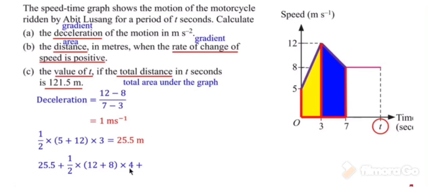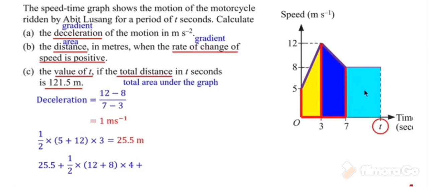Now we need to find the area for another shape, which is actually a rectangular shape, in light blue color. So this is quite simple. So we need to find the length and the width.